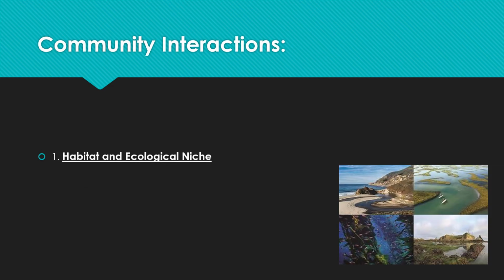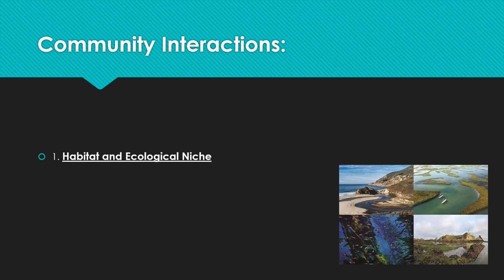We're going to talk about community interactions. So interactions are how species, whether the same or different species, work together. How do they work with one another? Each species occupies a particular position in the community. What do I mean by position?